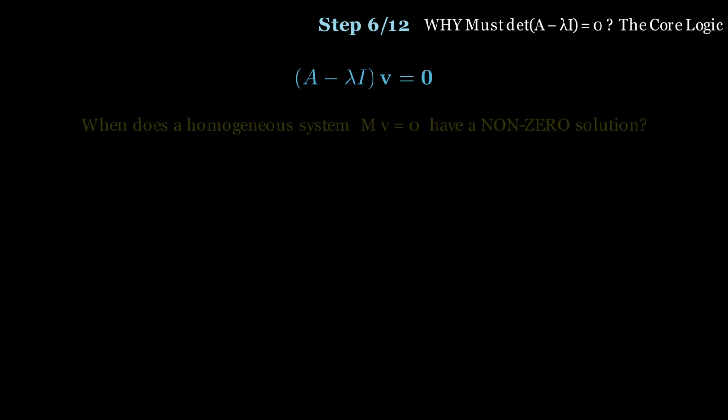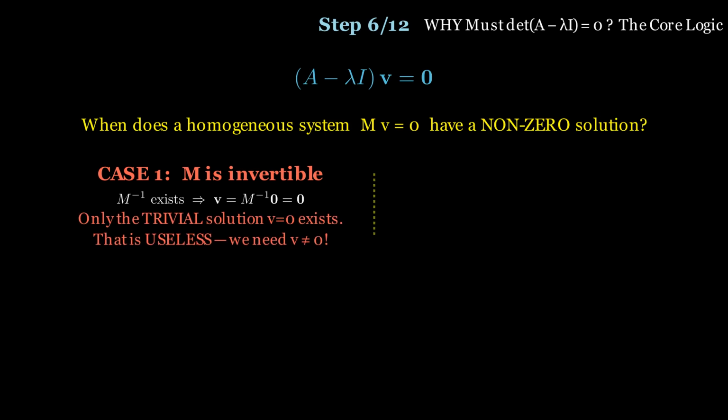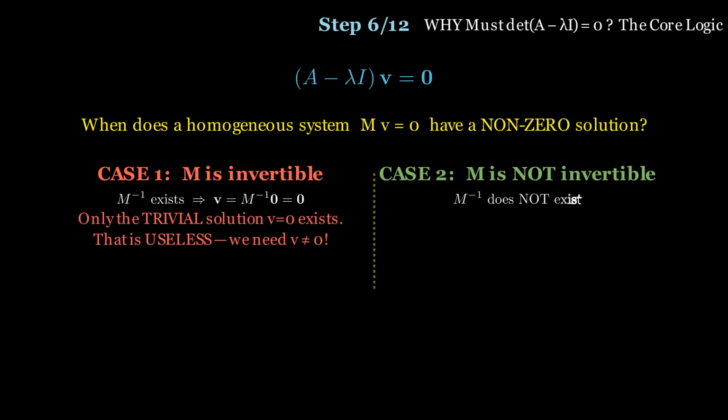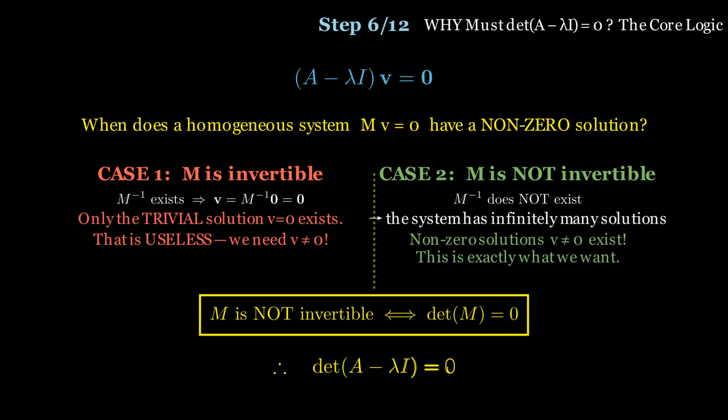Step 6. This is the heart of everything. We have the system A minus lambda I times v equals 0. We need a non-zero vector v, because v equals 0 is the trivial solution and gives us nothing useful. Case 1. If the matrix M is invertible, we can multiply both sides by M inverse, and we get only v equals 0. Useless. Case 2.